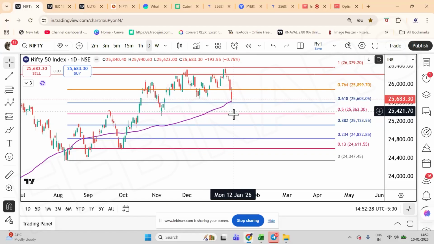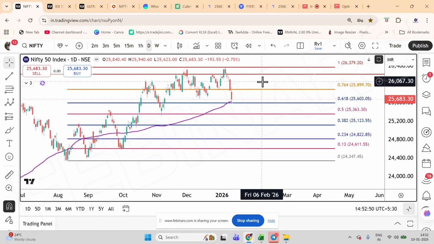The shorter term structure also is weak. Any rise is a selling opportunity for the Nifty unless we cross this threshold. We are heading towards 25,300 levels, minimum 25,300, in this fall for next week or so. After that, even if we consolidate, 26,000, 26,060 may not be crossed.